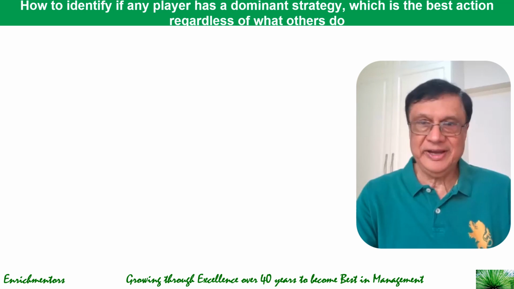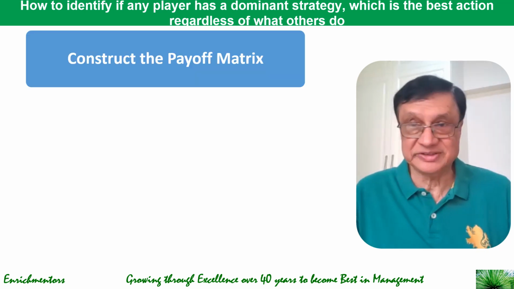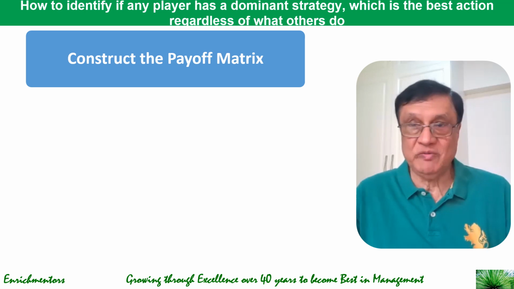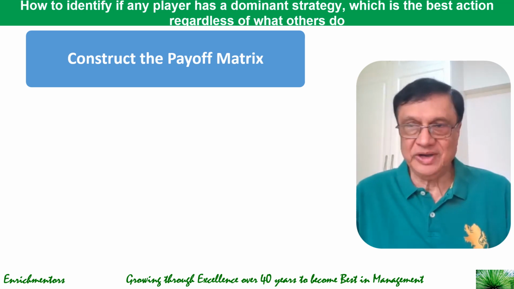To identify if any player has a dominant strategy in the game, you need to do three things. First, you need to construct the payoff matrix. Create a matrix where the rows represent the strategies of one player and the columns represent the strategies of another player.